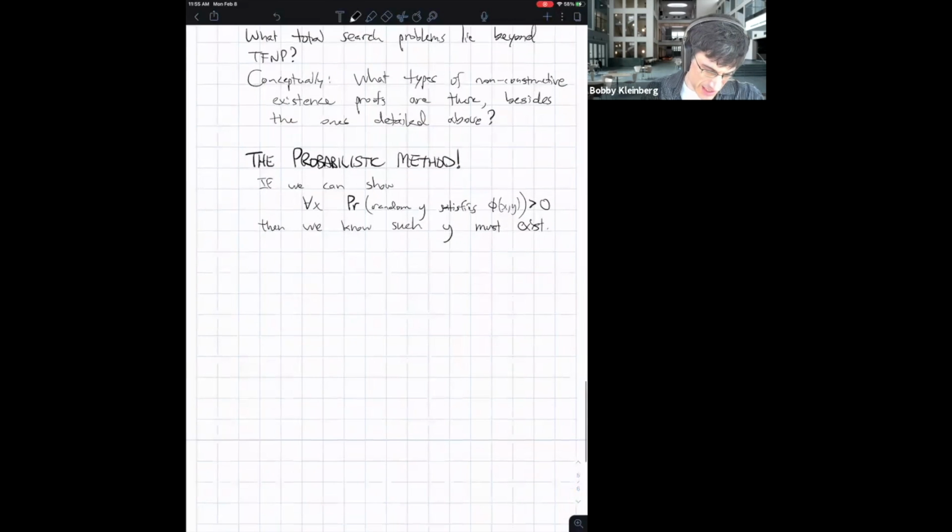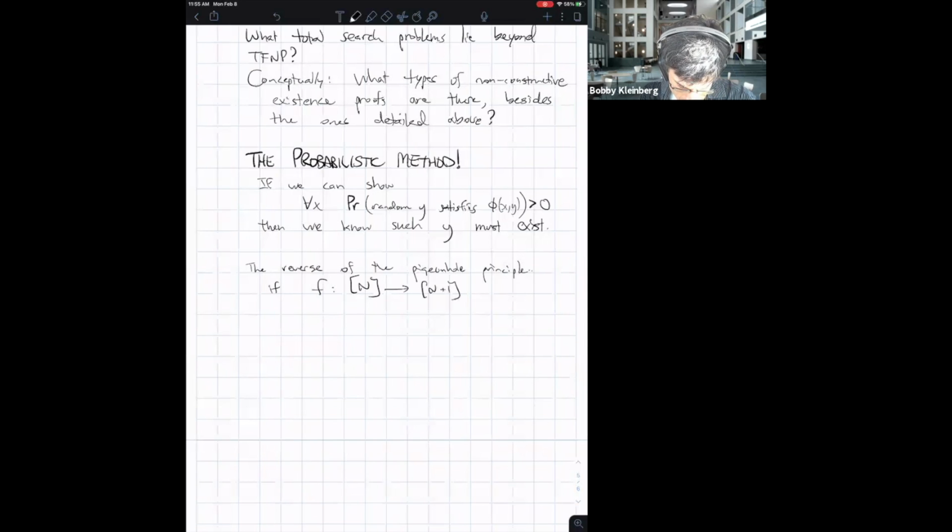So my example is sort of the reverse of the Pigeonhole principle. The reverse of the Pigeonhole principle says if f is a mapping from n elements to n+1 elements, then there exists a y such that for all x, f of x is not equal to y.